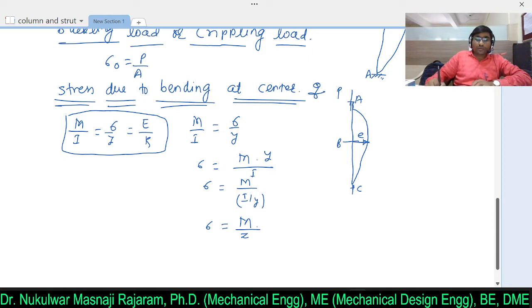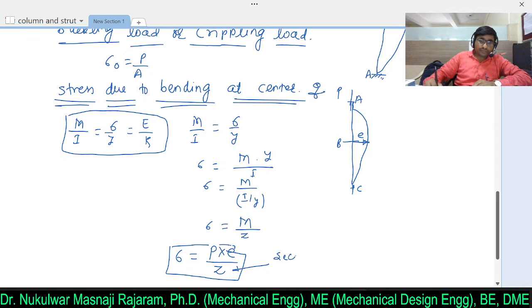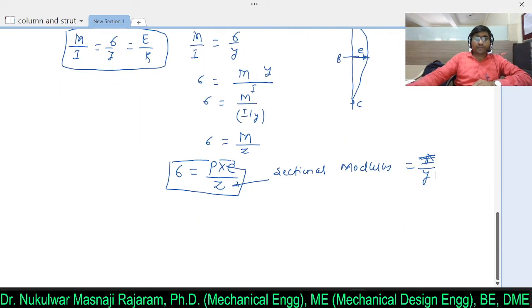Now what is moment? Moment is nothing but force into distance. So the stress due to bending at the center will be P into e divided by Z. Z is the sectional modulus about the axis of bending, given by I divided by y, moment of inertia divided by y.